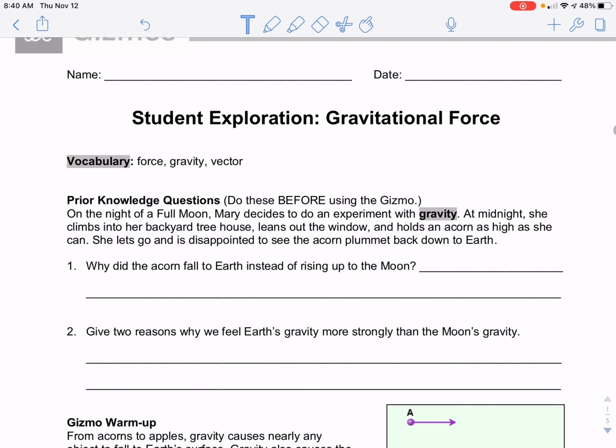Why did the acorn fall to the earth instead of rising up to the moon? Number 2. Give 2 reasons why Earth's gravity feels more strongly than the moon's gravity. At this point, pause the video, please, and respond to each of these prior knowledge questions.